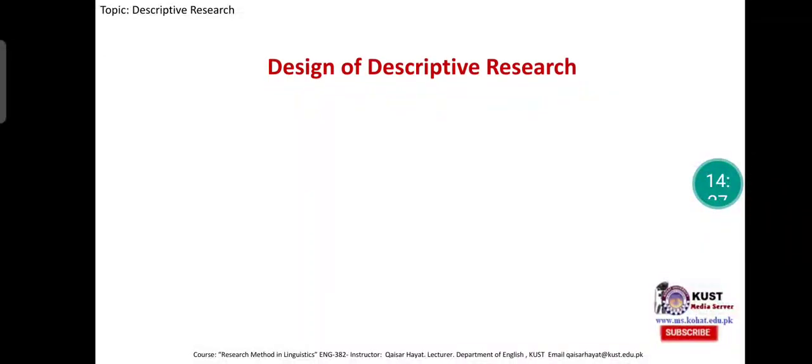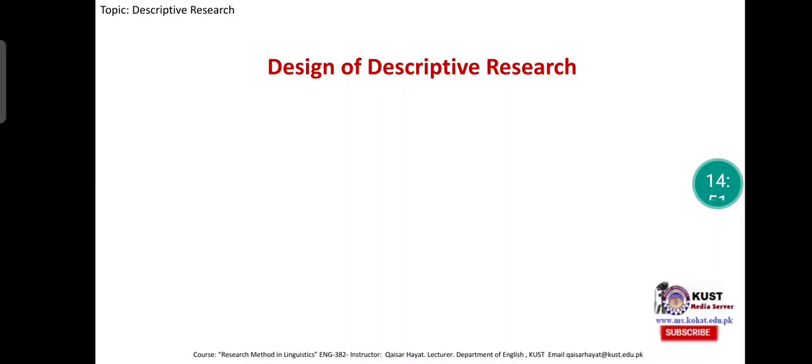After the aim, if descriptive research is to see, check and investigate the thing as it is, to look into what exists and what is, then what should be the design of descriptive research? What steps do we have to follow to complete the phenomena, which is the research process?